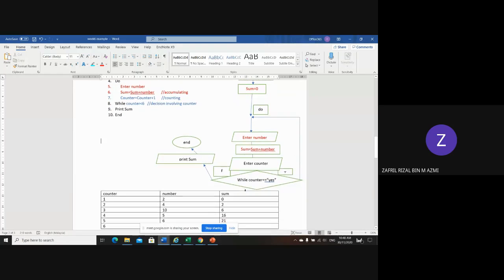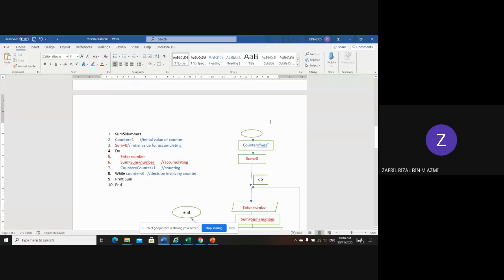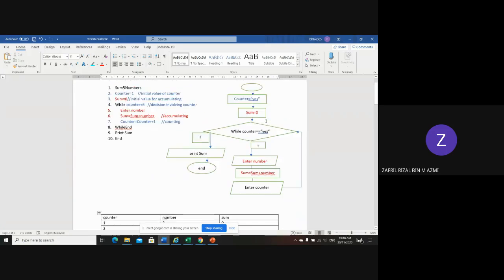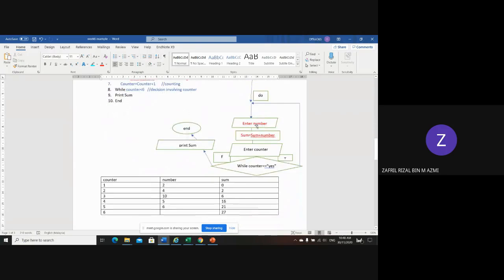For those particular cases, where the user needs to determine whether they want to continue the loop or not, either one, you can use while or do while.